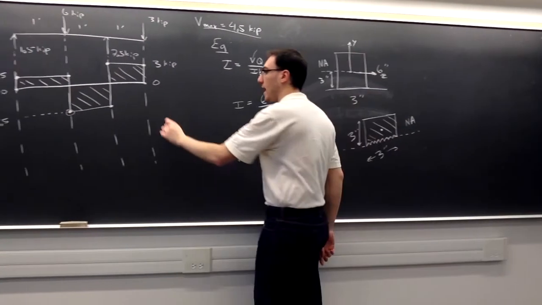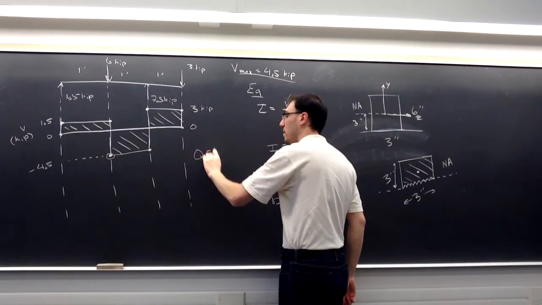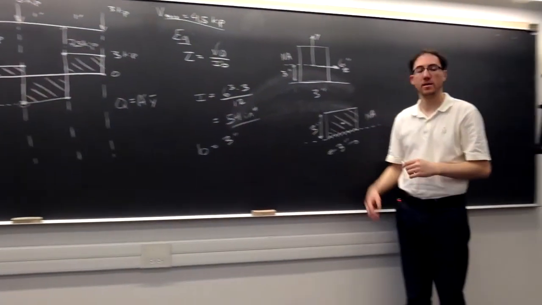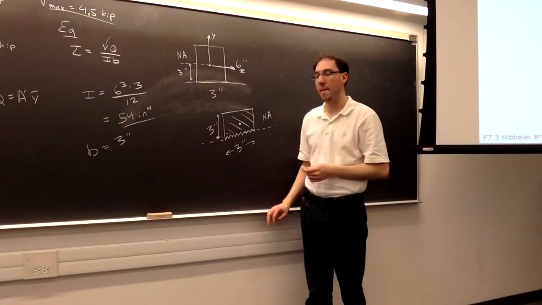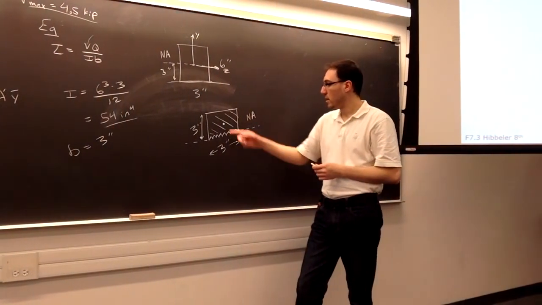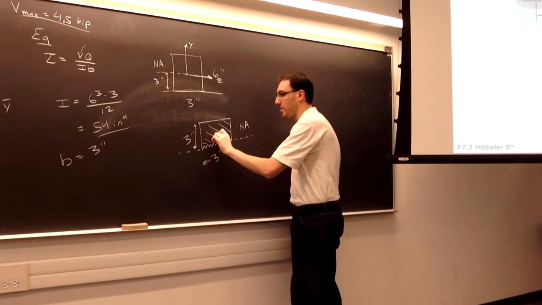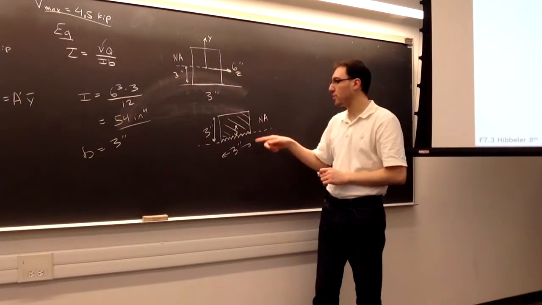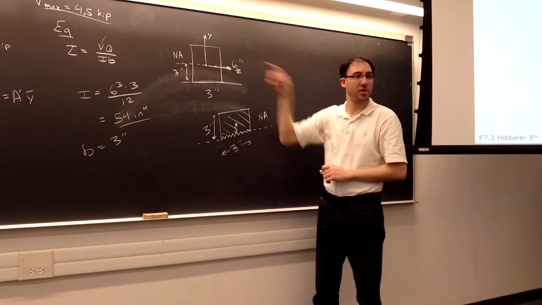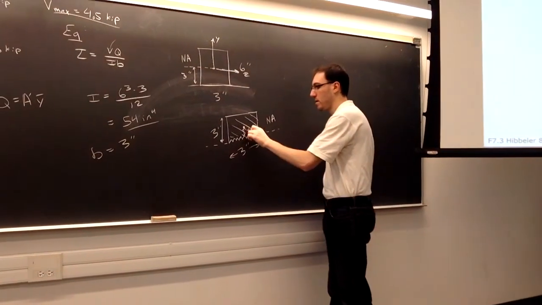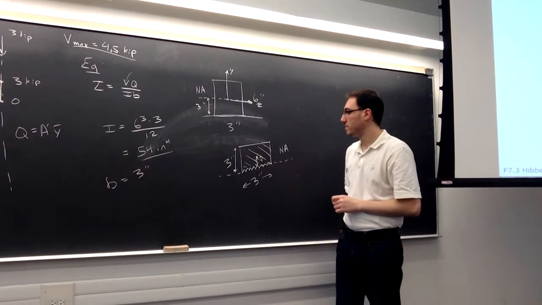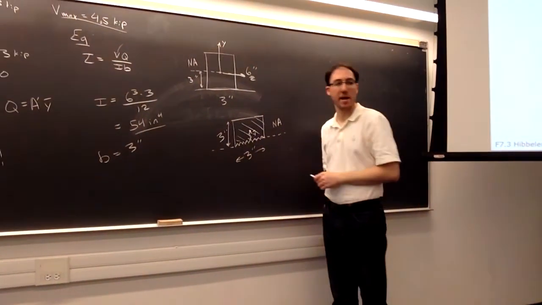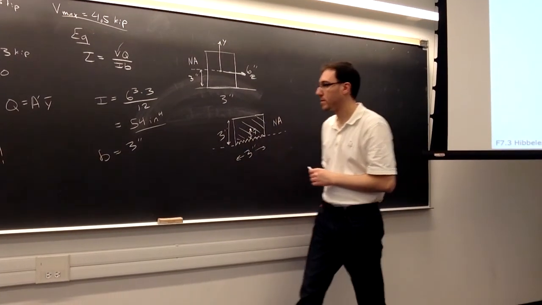So what I need to calculate Q is, of the shape I kept, I need to find what I call A prime and Y bar. Y bar, again, is going to be the distance between the centroid of this mini shape and the neutral axis from the original figure I had up here. And A prime is going to be the area of the mini shape that I made over here.